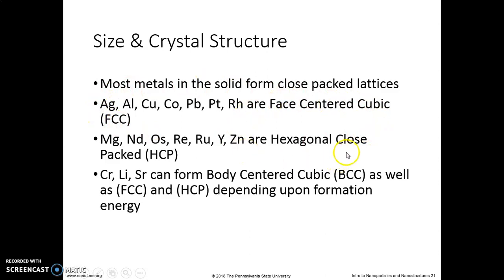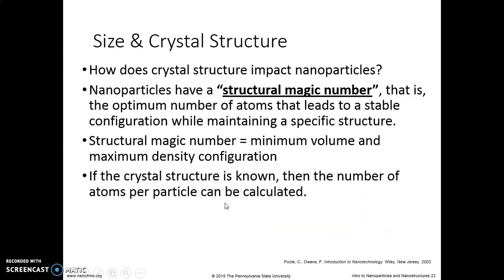Similarly, hexagonal close packed examples are Mg, Nd, Os, Re, Ru, Y and Zn. Body-centered cubic examples are chromium, lithium and selenium, and also simple cubic, depending upon the formation energy.